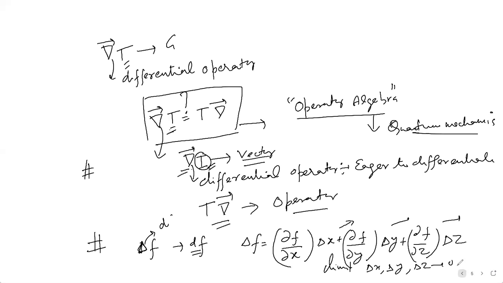Sorry to interrupt, Rohit, but in general people use delta for a finite difference, like f1 minus f2 or something like that. But for an infinitesimal change, generally people use df. So probably if you use the same notation, that will be nice. Right.